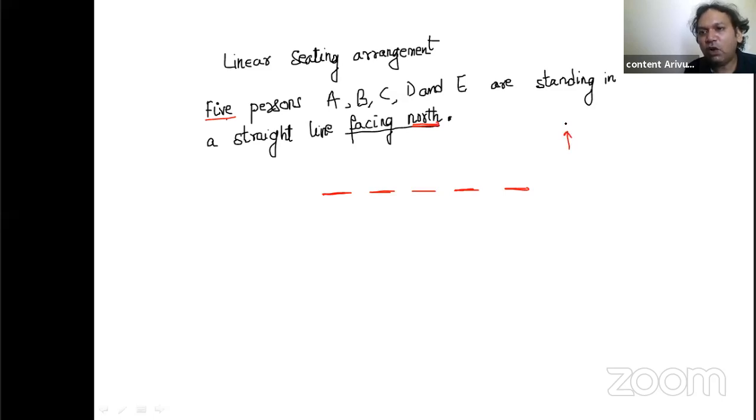If they're facing north, that means right is towards our right and left is towards our left. Okay, or we can say that right is towards east and left is towards west. Okay, that's the meaning of facing north. If they're facing south, then this left and right will be interchanged. Left will go towards east and right will go towards west.